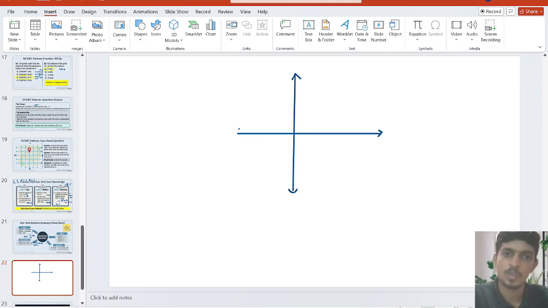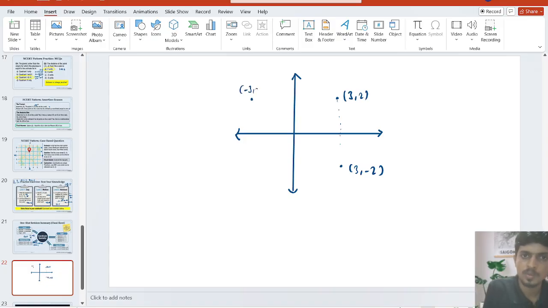Suppose this is (3, 2), and this is (3, -2), and suppose this is (-3, 2), and here we use (-3, -2). Okay.